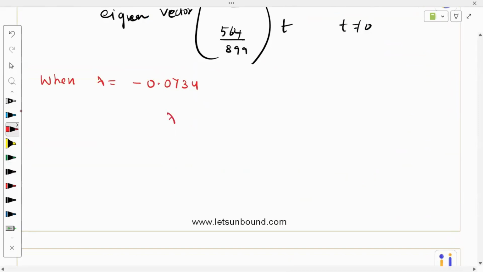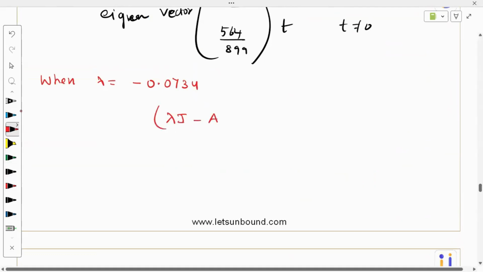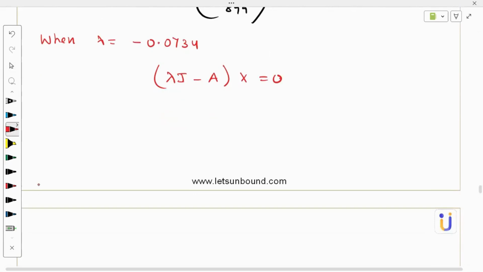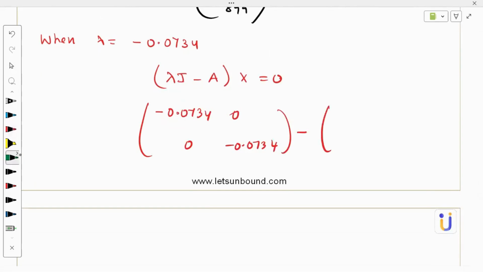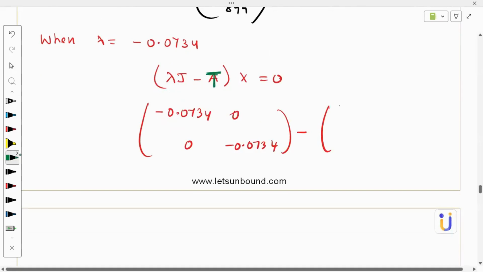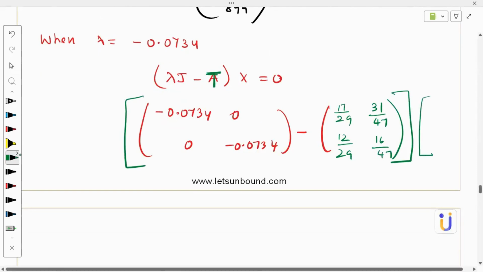Same process we should repeat, lambda I minus A, but quite difficult here. Okay, lambda I is going to be negative 0.0734 along the diagonal, minus, okay, here what is our A? Transition matrix T: 17 by 29, 12 over 29, 31 by 47, 16 over 47. And this times AB equals 0.